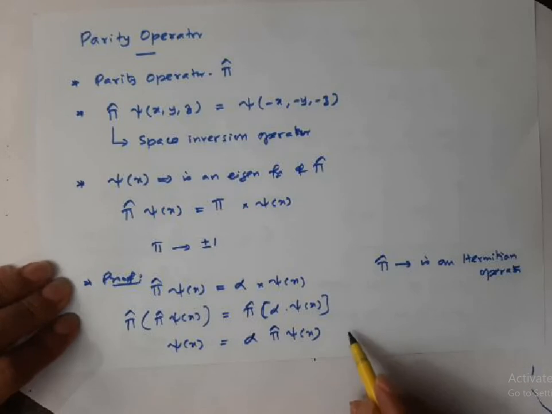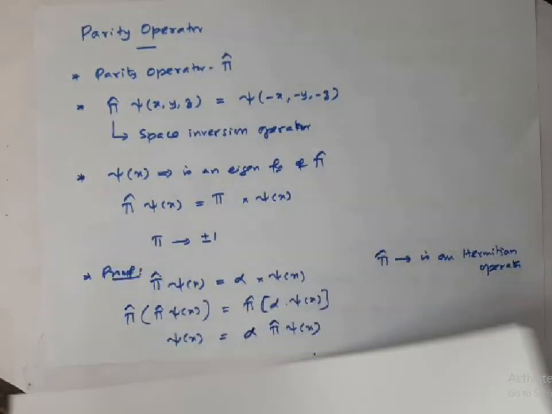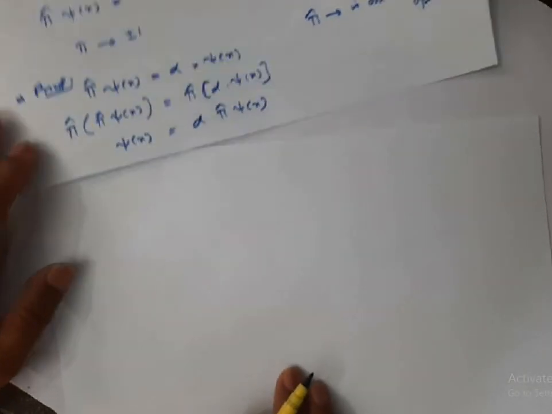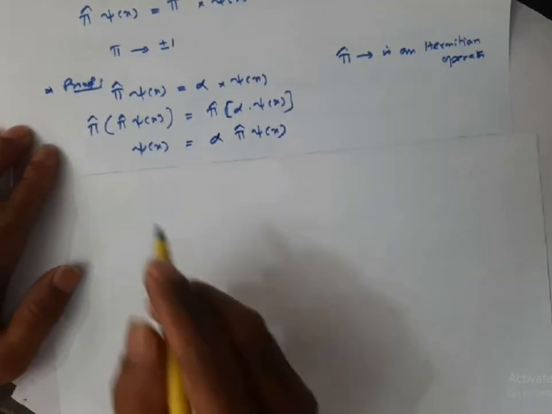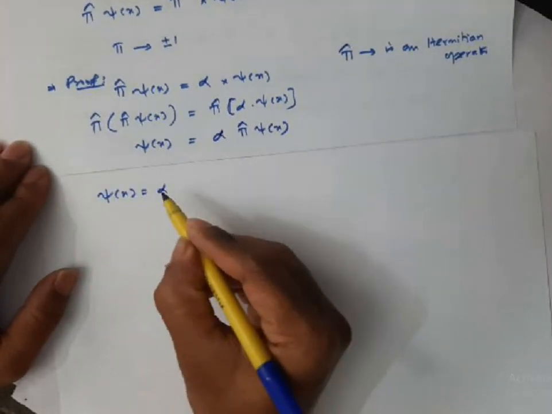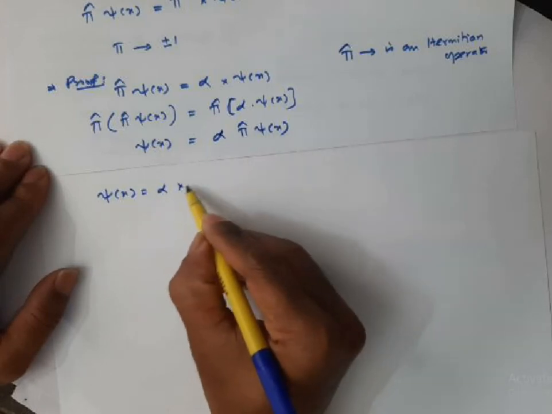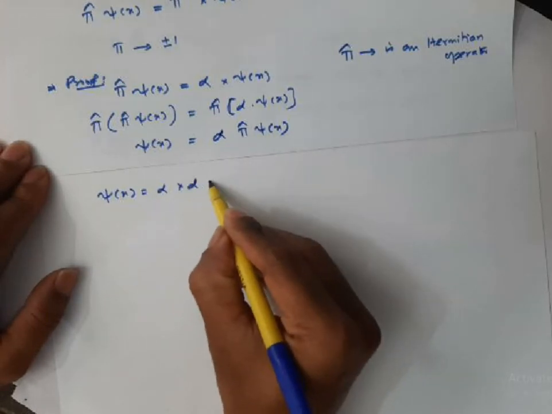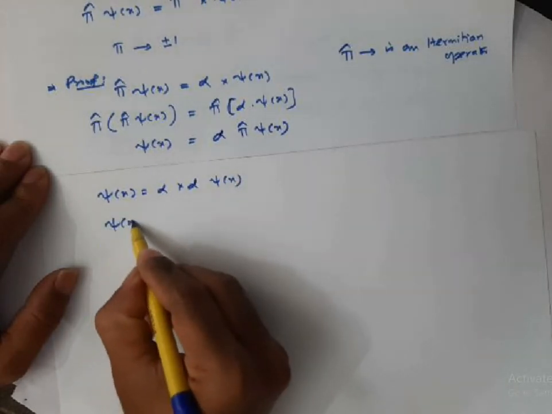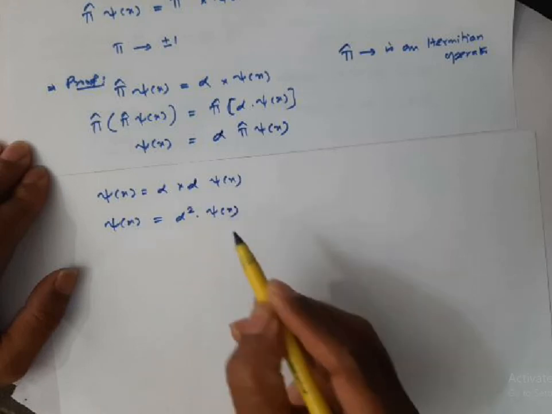So this will give psi of x equal to, I'll keep this alpha as such. If I apply this operator on the function again, I'll get an eigenvalue alpha and the same function psi of x. So psi of x equals alpha square times psi of x.